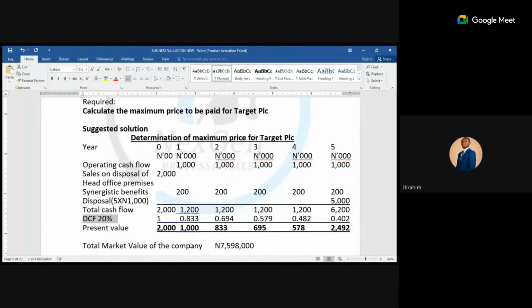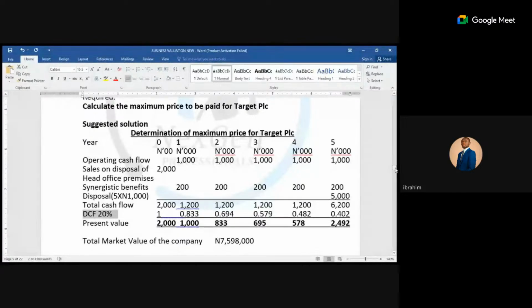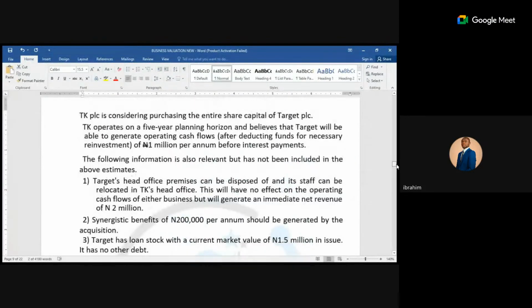Any value that you have will be the total market value of the company, which includes equity and debt. But do we need the part of debt? TK is considering purchasing the entire share capital.